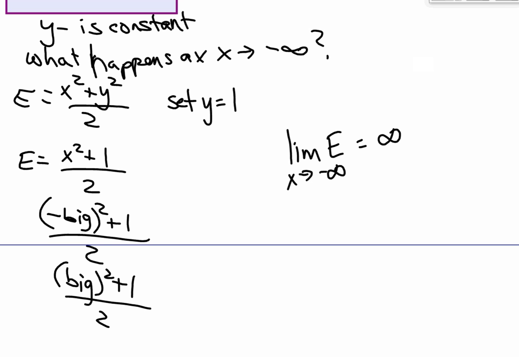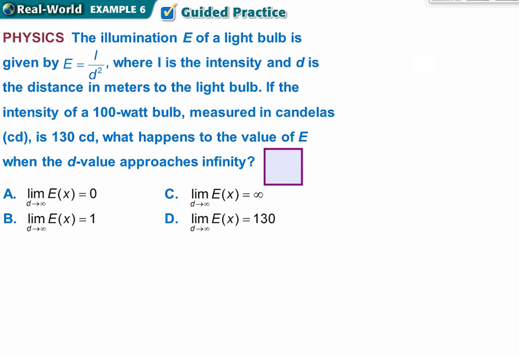I want to look at this next one, a multiple choice problem, and actually this is I, not 1. The illumination E of a light bulb is given by E equals I, the intensity, divided by D squared, where D is the distance in meters from the light bulb.